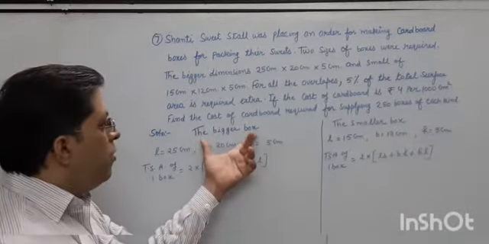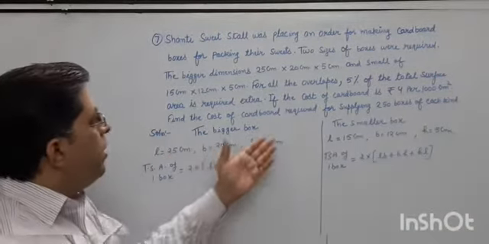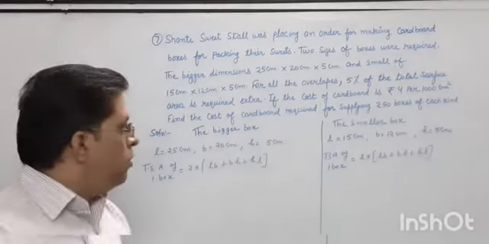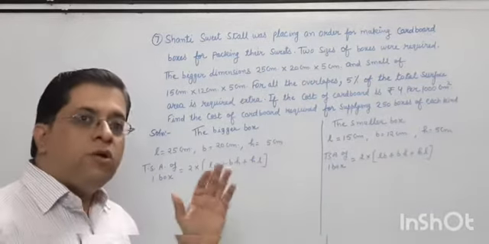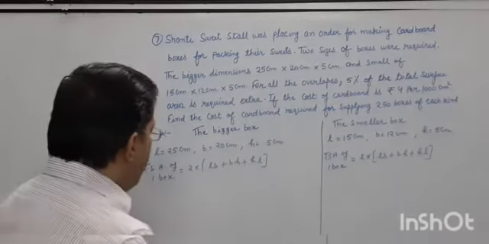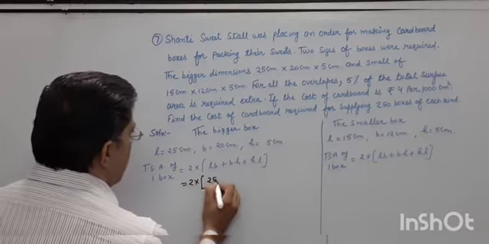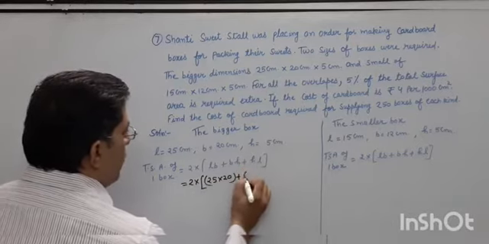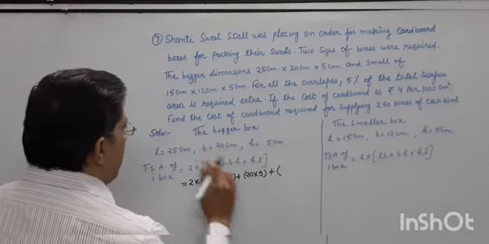Now we have one bigger box, another one we have smaller box. L, B and H is given to you. Here also L, B and H is given to you. What is TSA of one box? For bigger one, 2 into LB plus BH plus HL. Let us put the values here. 25 into 20, BH 20 into 5, HL 5 into 25.